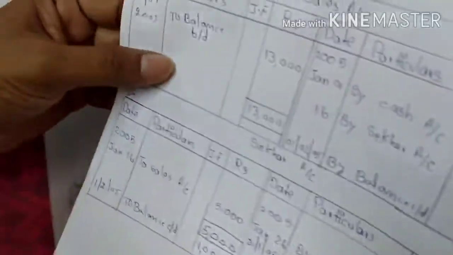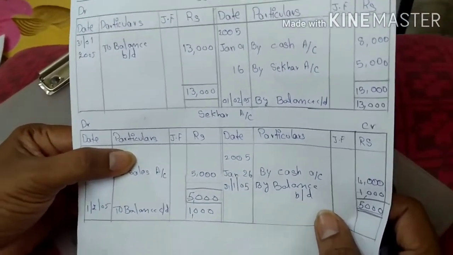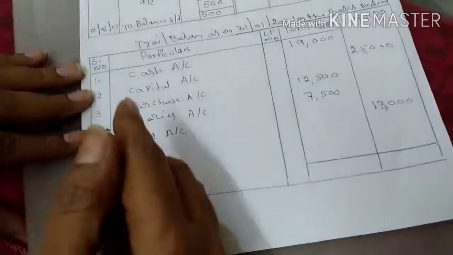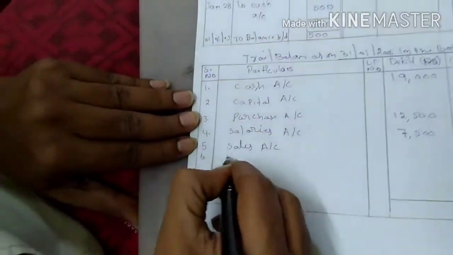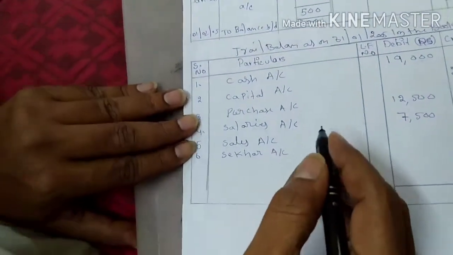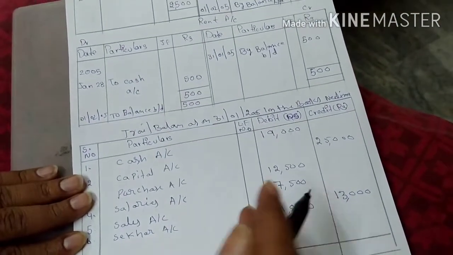After sales, the Shaker account is there, so debit side 1,000 rupees. So here the sixth, Shaker account, debit side 1,000 rupees.